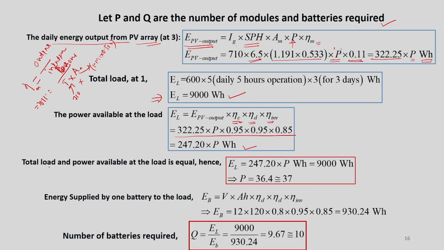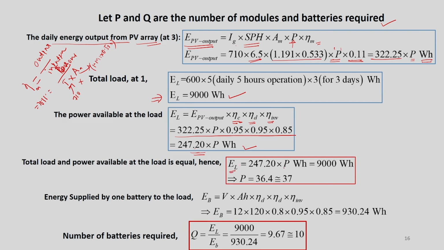Now, the total load and power available at the load are equal, right, because that much of power we have to generate, and that has to be equal to the amount of energy required on a daily basis or for meeting all those 3 days, okay. So, for our problem it is for 3 days, okay.